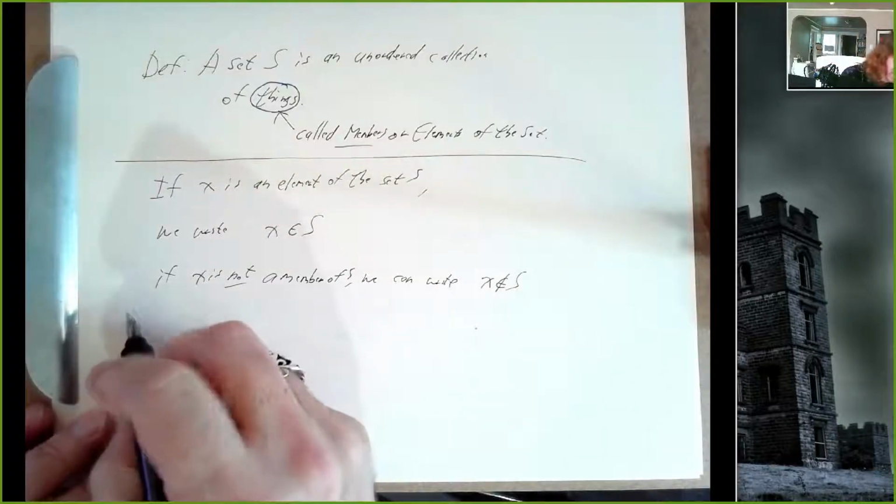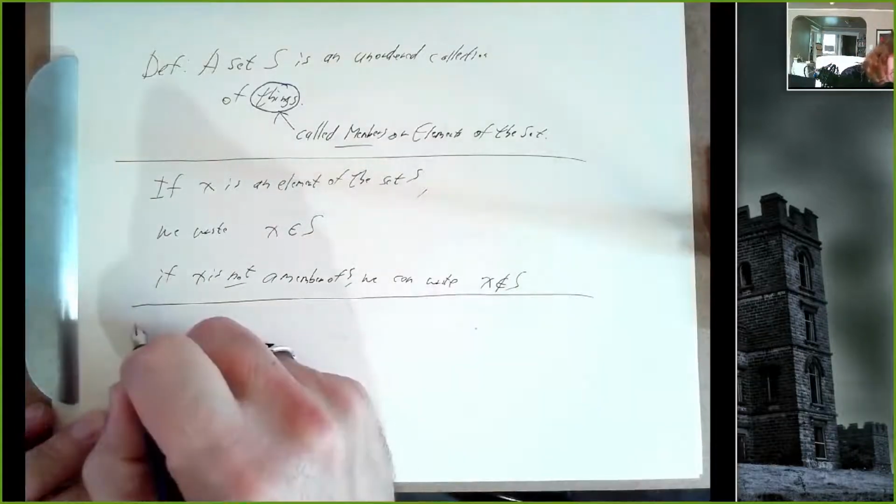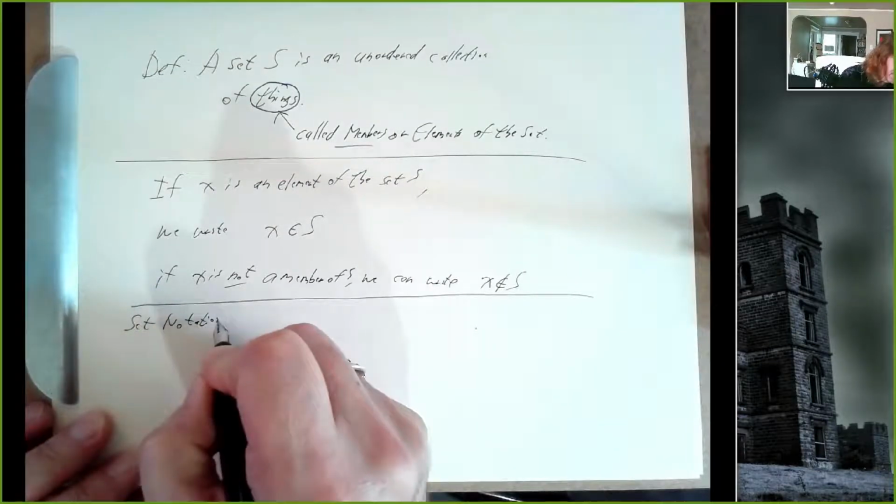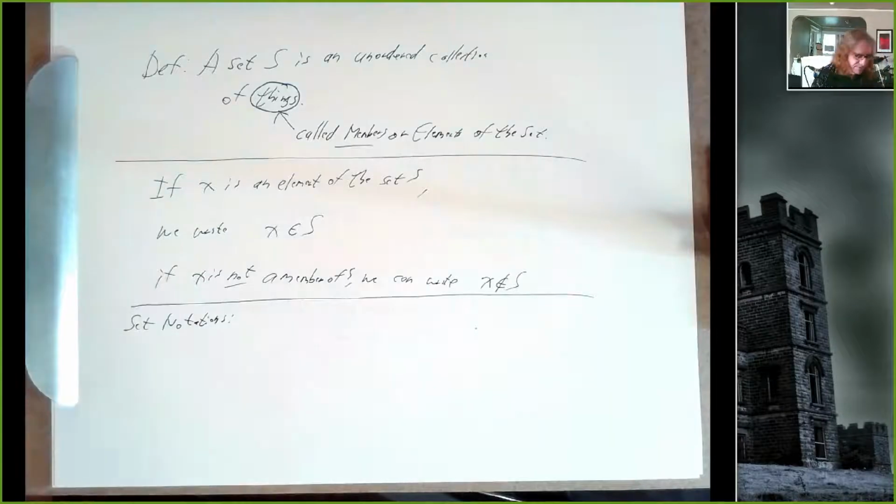So we have some notations for describing sets. I don't know if I'm going to stick with this time stamping, but we'll see if it works. So set notations: how do we describe things that are in a set?